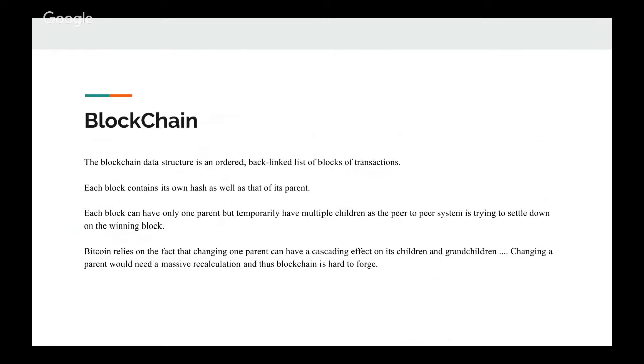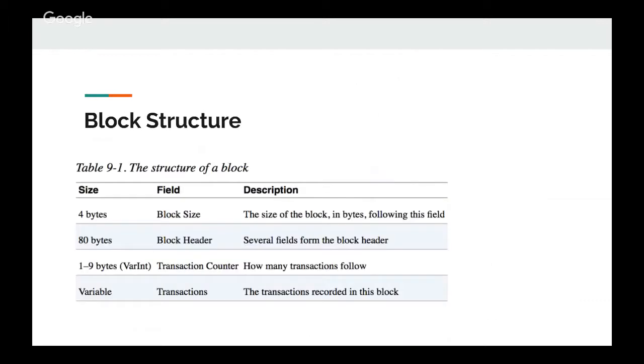Because of this, you can be sure that the blockchain has integrity, and that the blocks that were confirmed a while ago cannot be changed. That's the good part about blockchain and why it can be used.